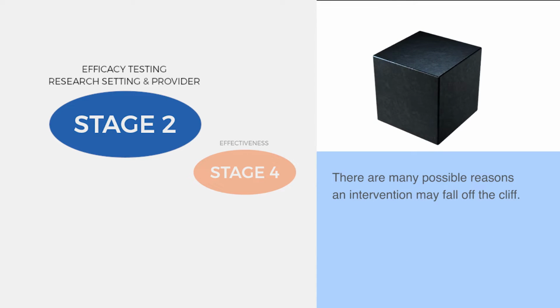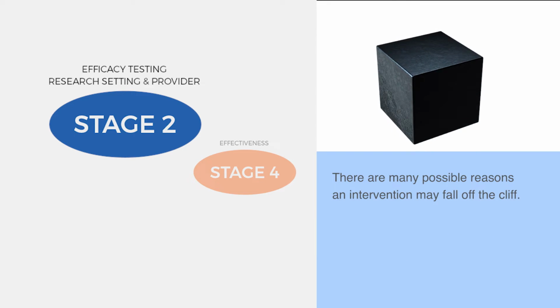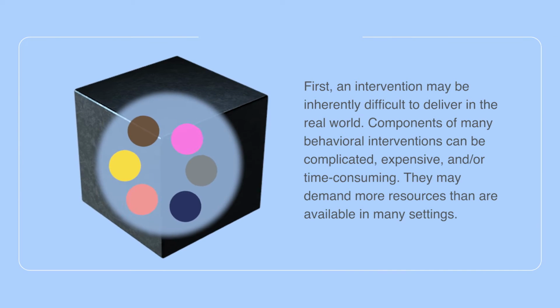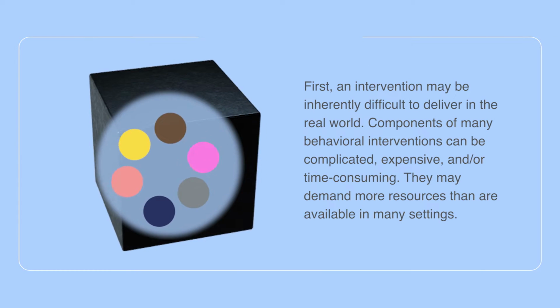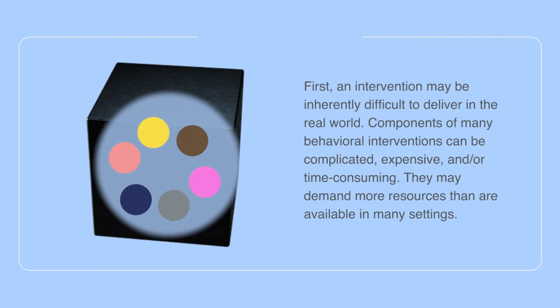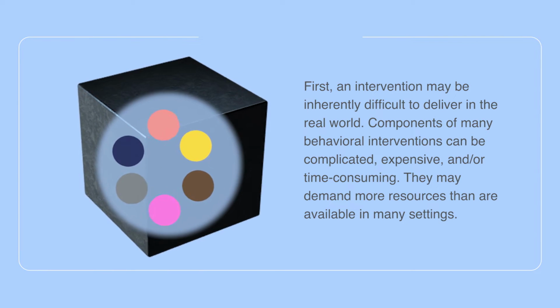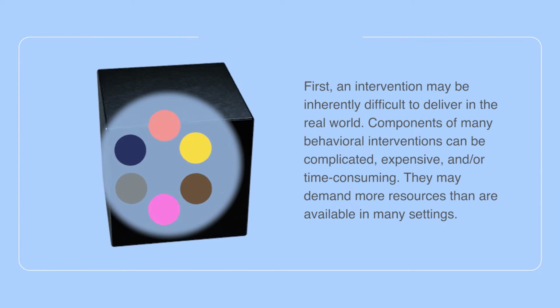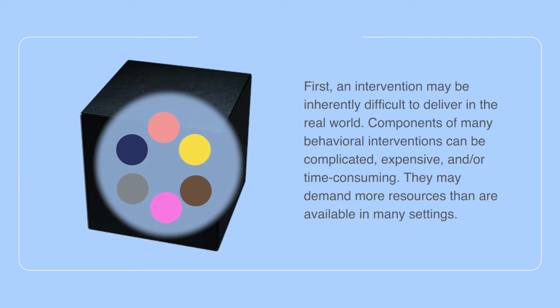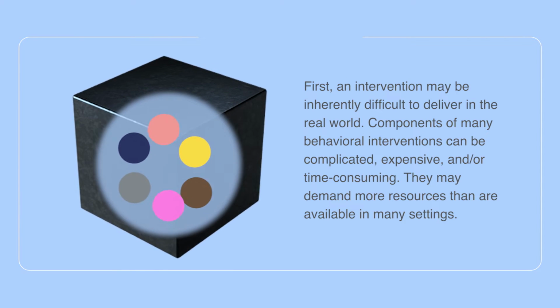There are many possible reasons an intervention may fall off the cliff. First, an intervention may be inherently difficult to deliver in the real world. Components of many behavioral interventions can be complicated, expensive, and/or time-consuming. They may demand more resources than are available in many settings.